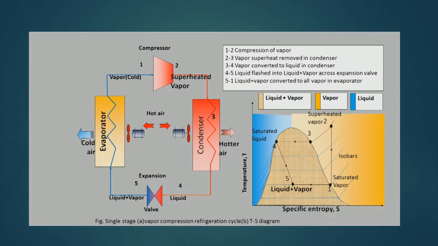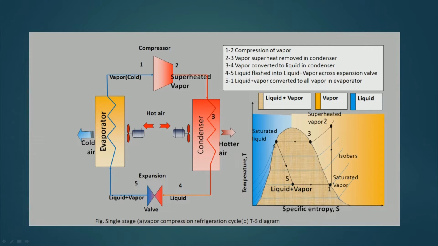This shows a compression refrigeration system. Here, this is an evaporator. If we take an example from the refrigerator, this is the inside refrigerator region where the refrigerant evaporates. A vapor and liquid mixture of refrigerant is supplied to this evaporator.